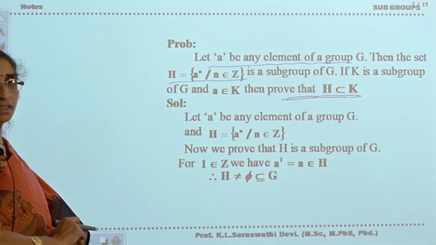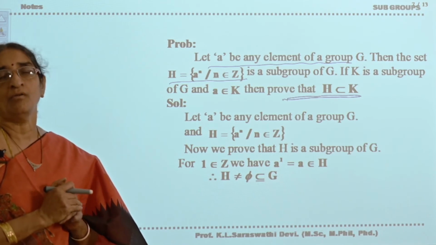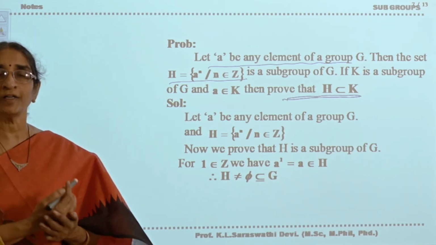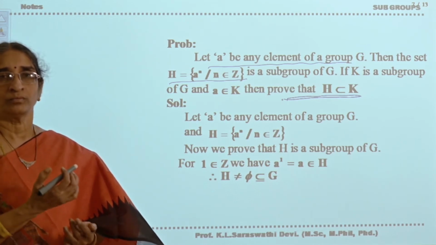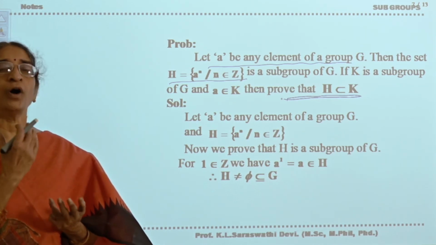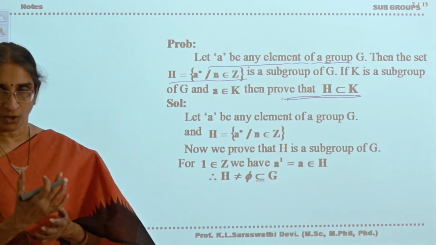See girls, in the examination or while doing the problem, first you have to read twice or thrice the given problem and confirm what is given, what you have to prove. Get a clear idea. Then only you can do the problem.